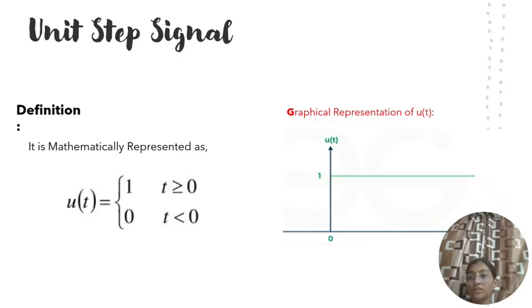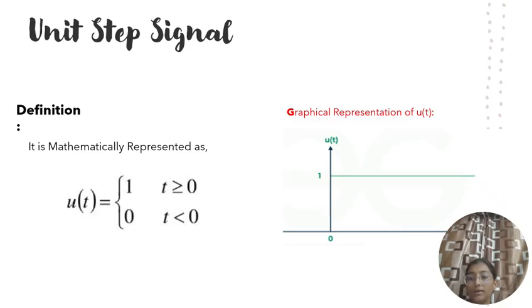The first and most common singularity function is the unit step function. It is denoted as u of t. The unit step function is 0 for all negative values of time and 1 for all positive values of time.